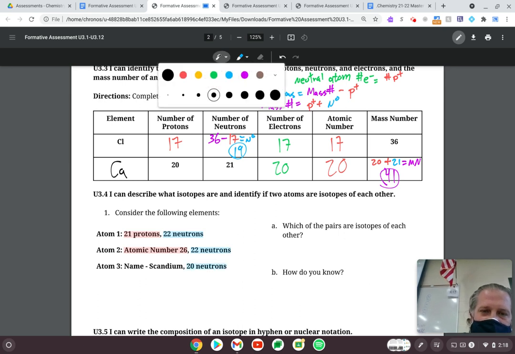And the only bit of information that I don't know in this case is the number of protons, it looks like, of scandium. So again, I'm going to grab Jezebel here, and I'm going to go ahead and take a look at the scandium.